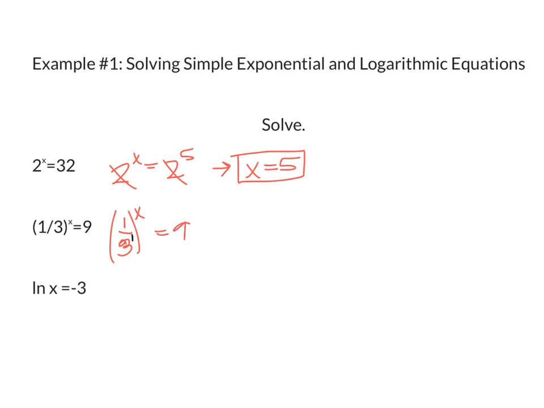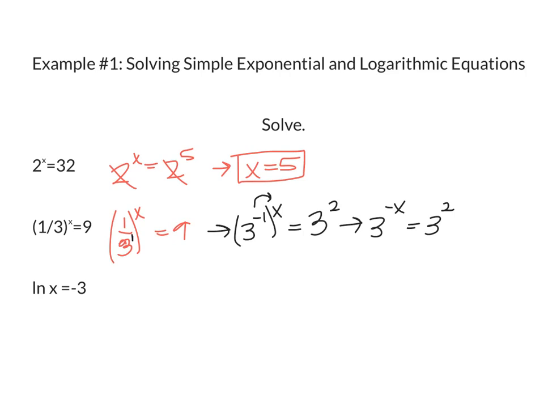So if I change that to a power, 1/3 to the first power is the same thing as 3 to the negative first. And if I want to write 9 as a power with a base of 3, 9 is the same thing as 3 squared. If I distribute this -1 in x, this becomes 3 to the negative x equal to 3 squared.